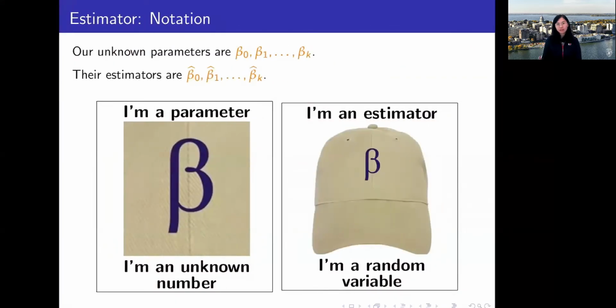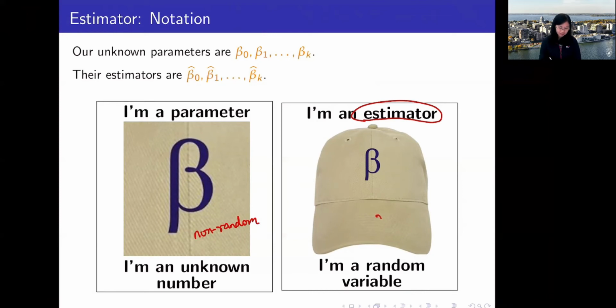On the other hand, we use beta hat as a notation for the estimator for beta. And beta hat is a random variable. So beta is the non-random target that we want to estimate. Non-random unknown parameter value.